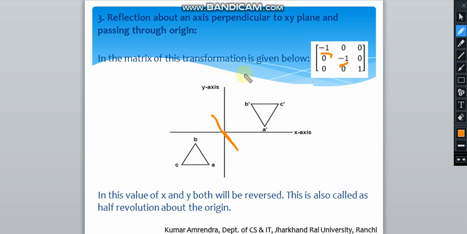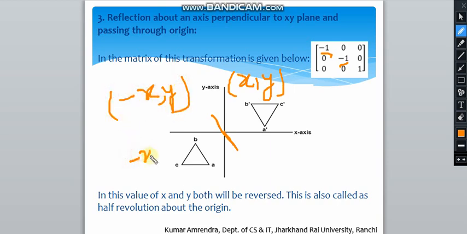As the values of x and y are positive in the first quadrant, x is negative and y is positive in the second quadrant, similarly in the third quadrant x and y both are negative, and in the fourth quadrant x is positive but y is negative. So following this rule, what will be the image that is formed?